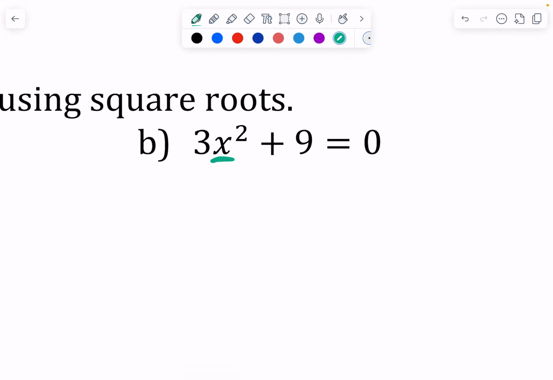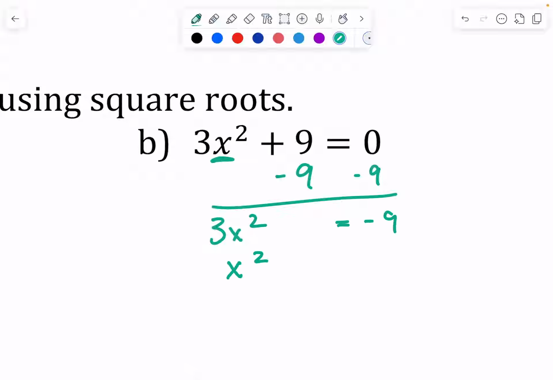Again, we're isolating the variable. So we're going to subtract 9 on both sides. Divide by 3 on both sides. Square root both sides. Remember to add the plus or minus. And you get x equals plus or minus root negative 3.